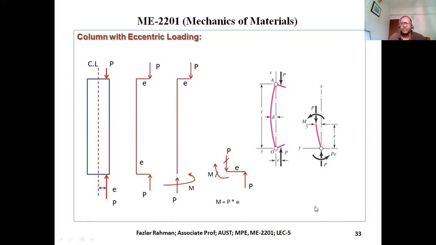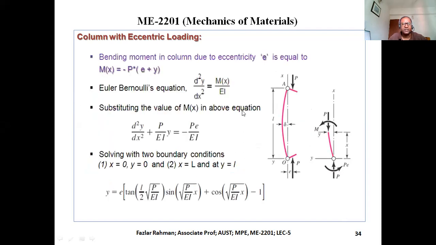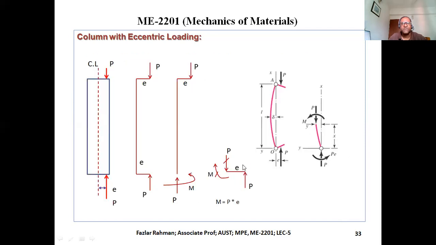That we started, and all those free bodies we already discussed in the class. And finally, we figured out the bending moment in this free body, this value of M, we need to figure out.